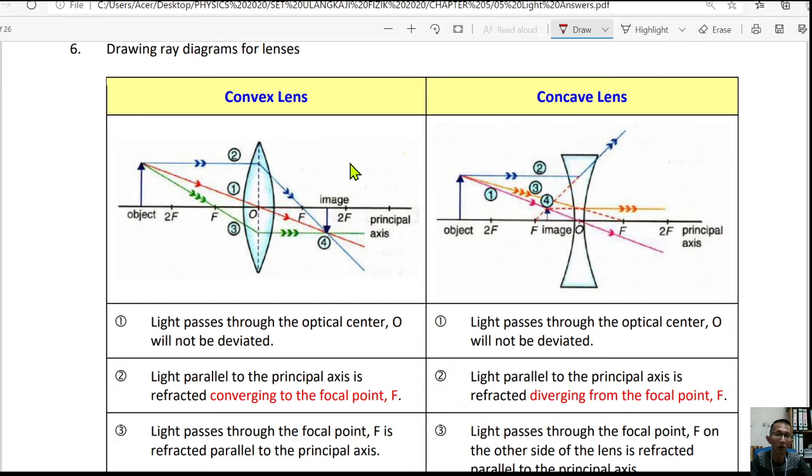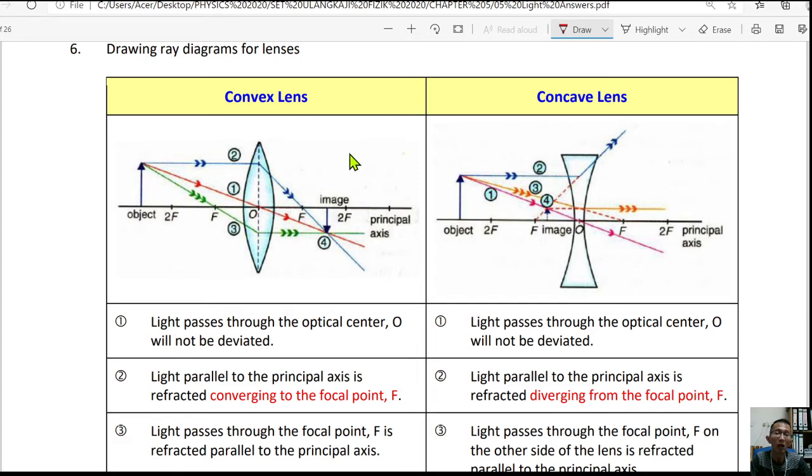I repeat, when light travels from more dense to less dense, the light will be refracted away from the normal. If the light travels from less dense to a more dense medium, then the light will be refracted towards the normal. That concept, you must grasp it pretty well.